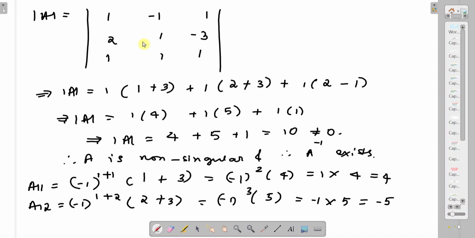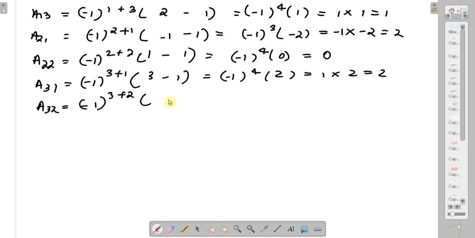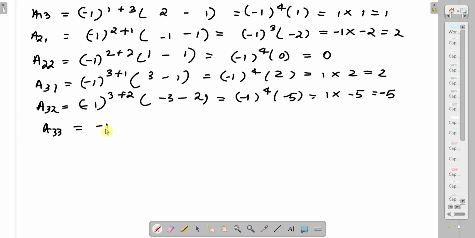Now we have to hide the third row, second column. Minus 3 times 1 is minus 3, and minus 2 times 1 is minus 2. Okay, so this will be equal to minus 1 raised to 4 times minus 5, which is 1 times minus 5, which is minus 5. Okay, so then A33, this will be equal to minus 1 raised to 3 plus 3.